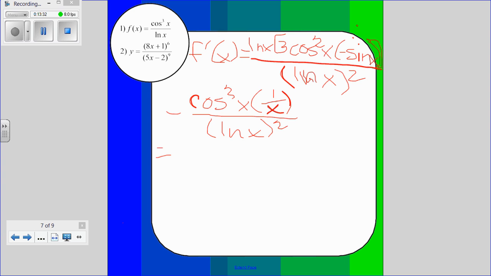So this equals, I have a negative from the sine and a 3 from the cosine squared, and then that x that I am multiplying through right there. So that is negative 3x natural log x cosine squared x sine x.